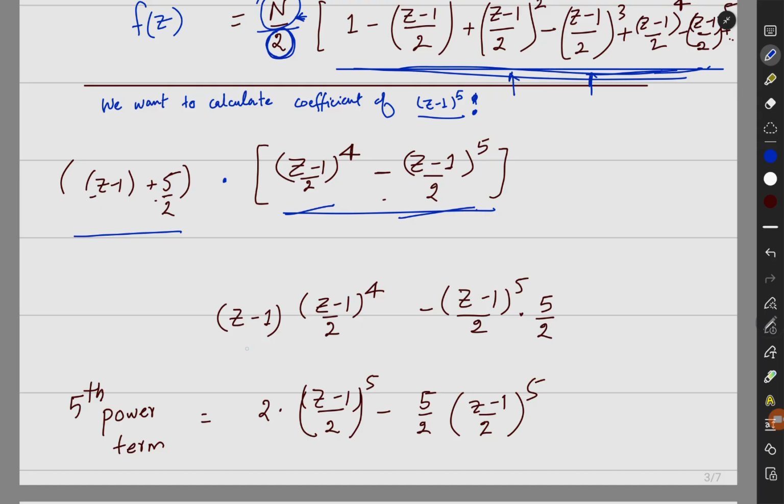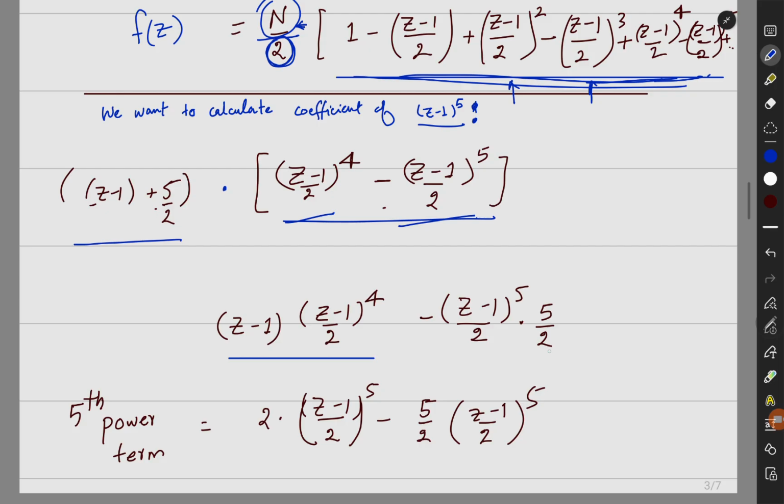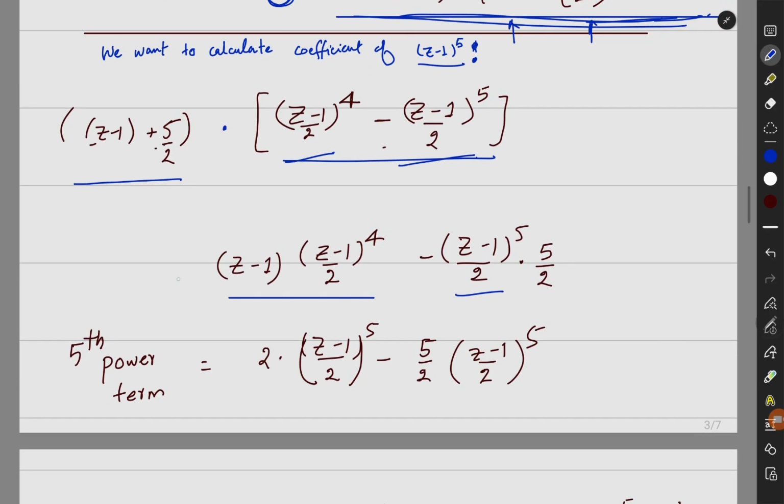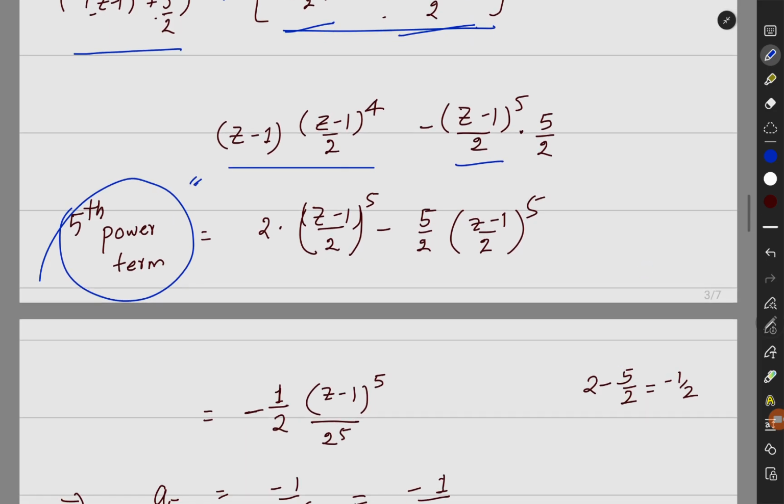So first, z minus 1 multiplying the first part gives us (z minus 1) to the power 5, and the second is minus 5 by 2 multiplied by the fifth degree term. These two will give us fifth degree terms. Now we resolve this by taking 2 common, so this 2 power 4 becomes 2 power 5.